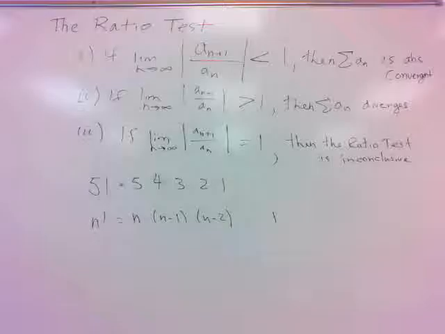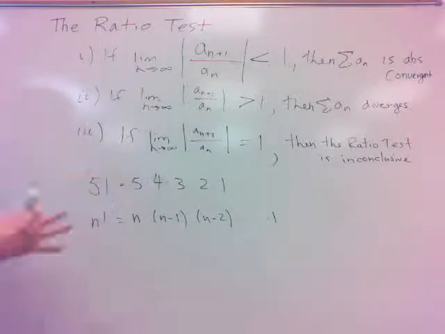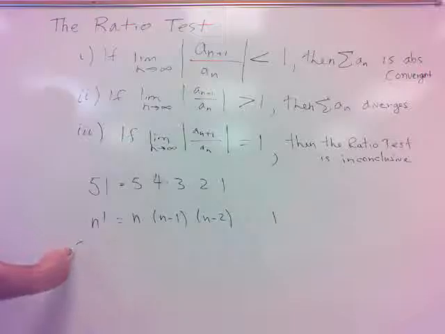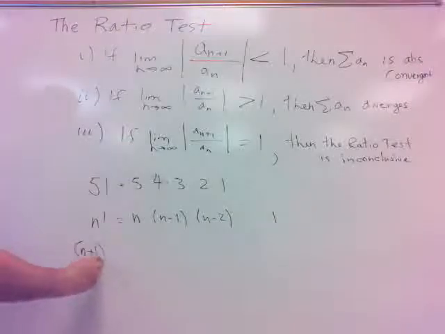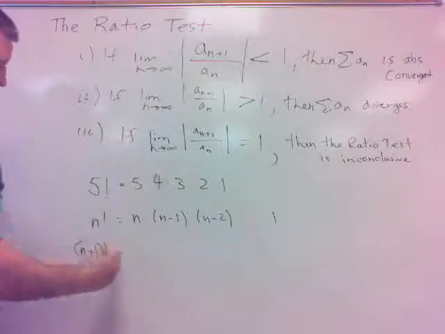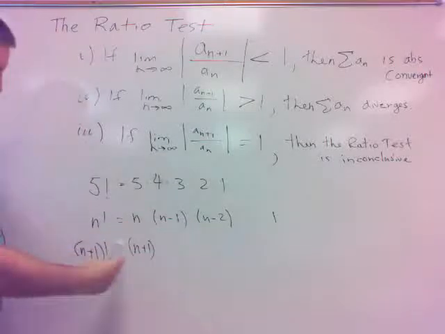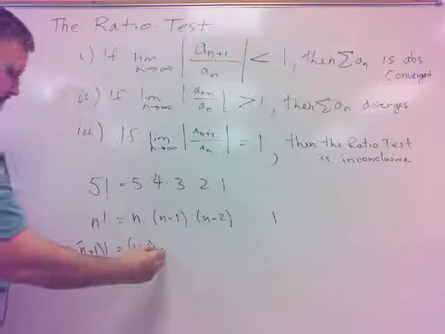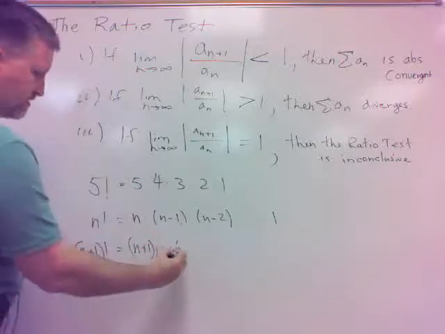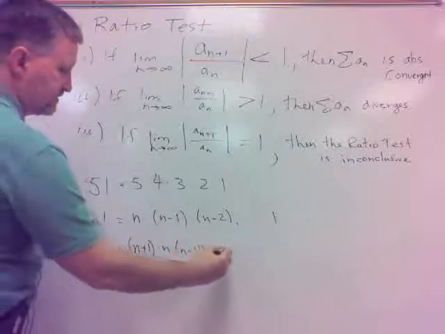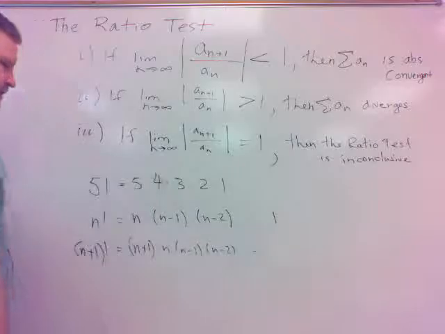But what we really need to understand here is, what about n plus 1 factorial? Well, n plus 1 factorial would start at n plus 1, and then the next one would be n, and then n minus 1, and then n minus 2, and so forth until you get to 1.